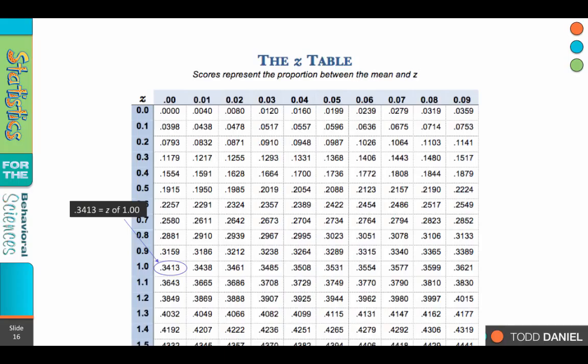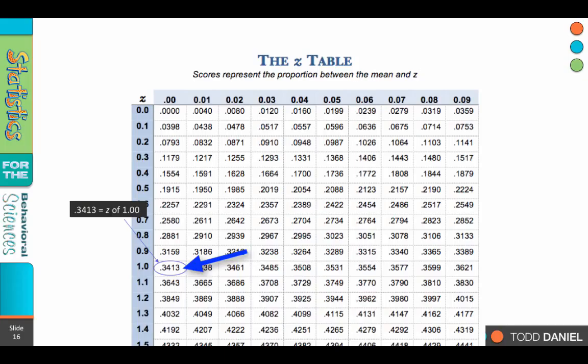What this table tells us is the proportion of scores between any particular z-score and the mean. So let's figure out how to interpret this table. The first thing that we should look at is that very first column, and let's focus just on that for now. If I want to know the proportion of scores between the mean and one standard deviation, what is the proportion of scores between the mean and 1.0?